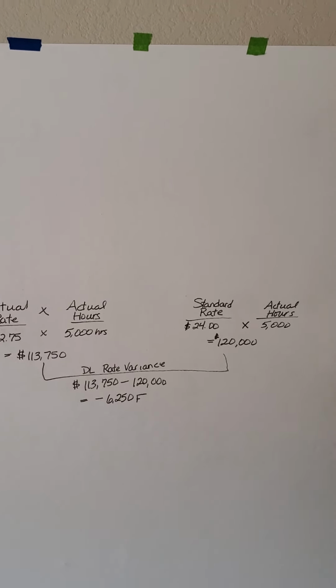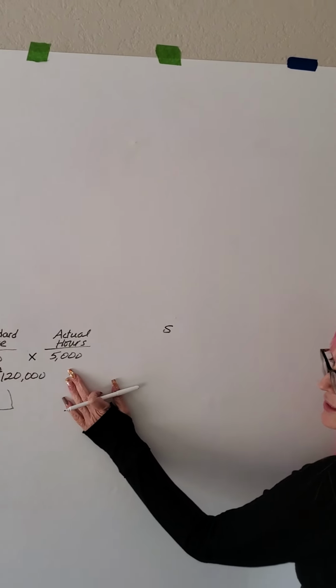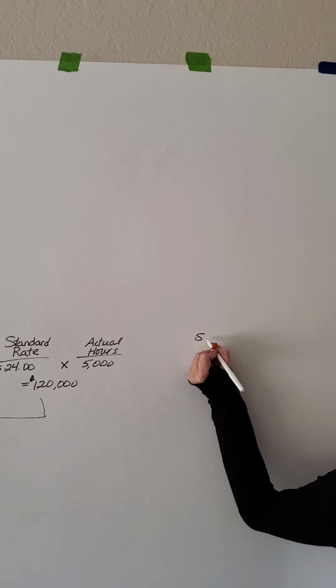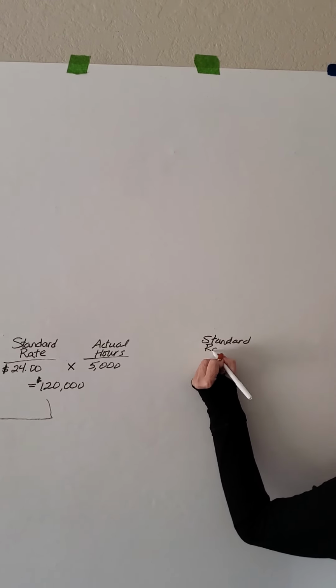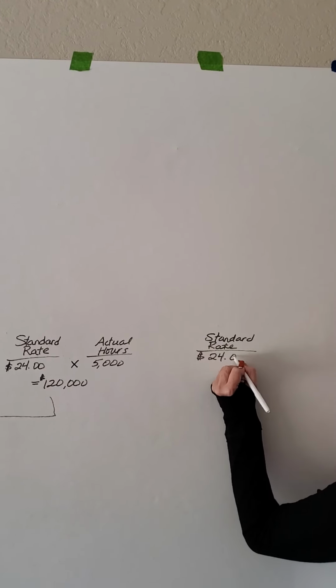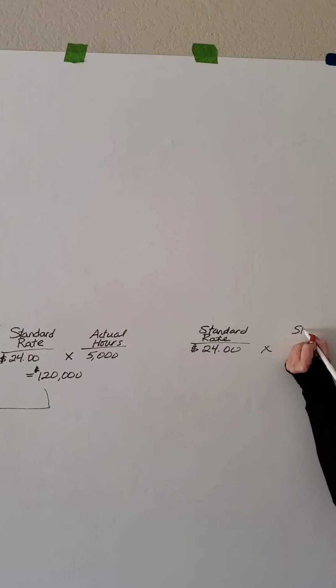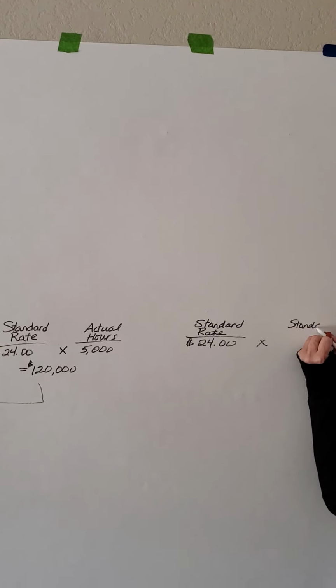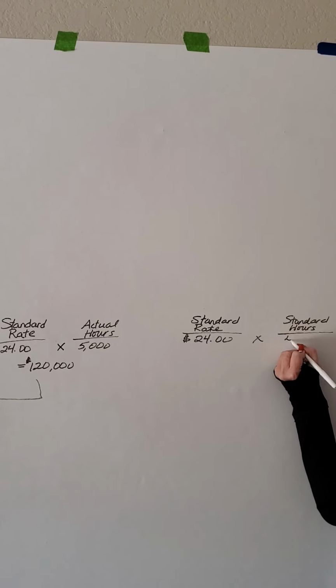So for the time variance, I'm going to look at what we have here, the standard rate times the actual hours of 120,000. I'm going to compare that by looking at the standard rate of 24 times the standard hours, which we calculated out to be 4,800.